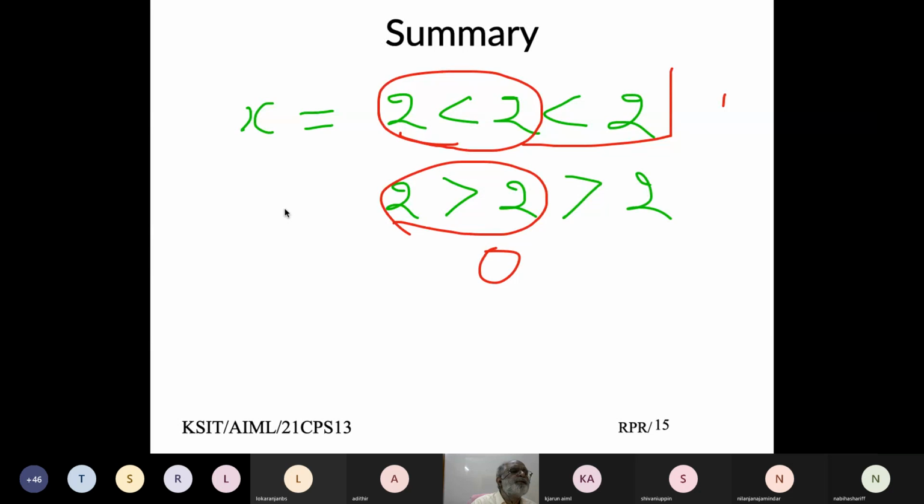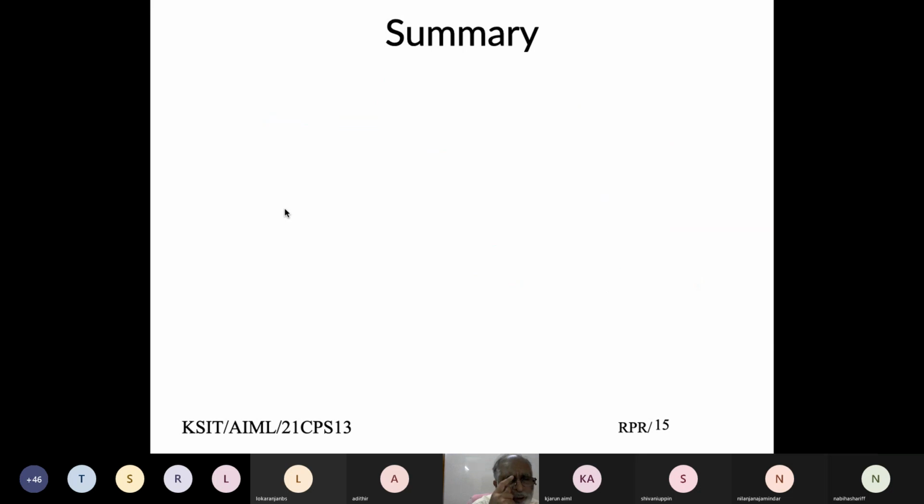There are some specific cases of right to left association, complex operators, and we'll deal with them when that comes. Right now, those will come with the increment operator along with pointers. When you deal with pointers, we'll explain right to left association with specific cases.